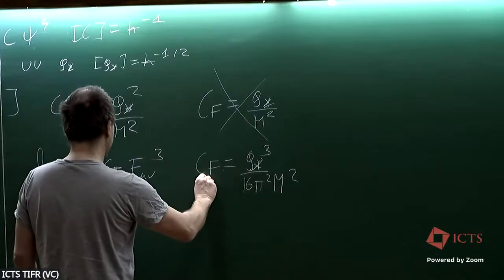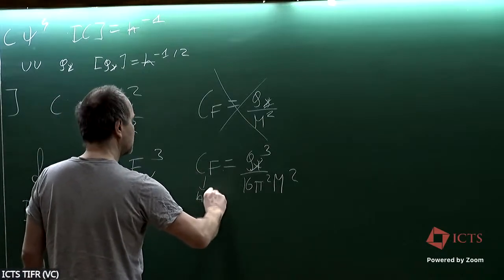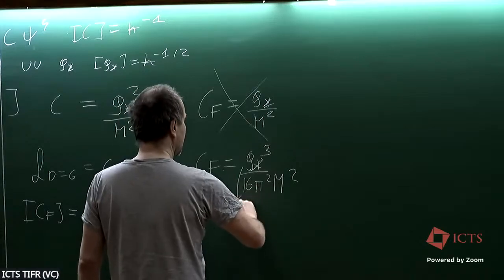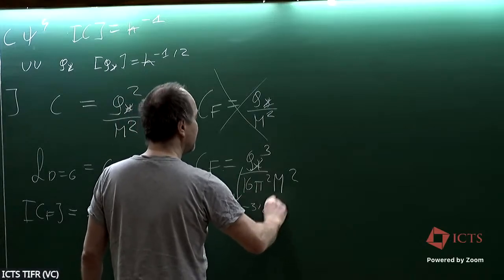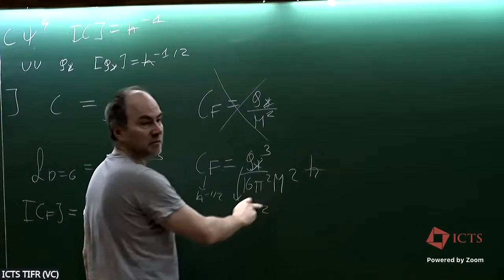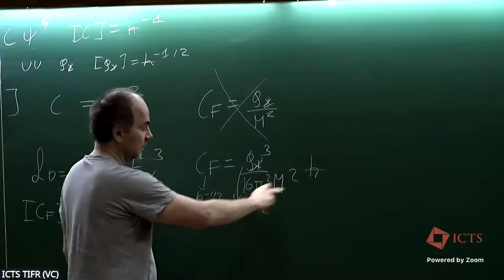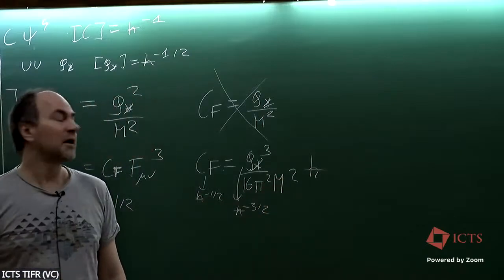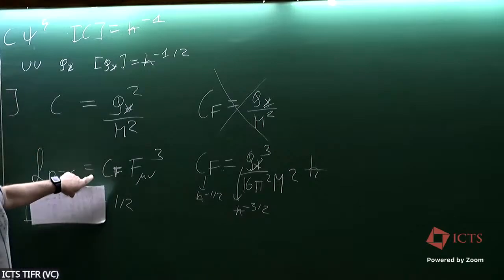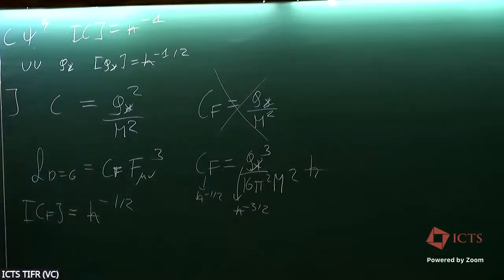Here you have h-bar to the minus 3/2, but then you add h-bar for the loop factor, and it agrees. So this shows that this operator can only be generated at loop level. That's a very simple power counting trick that is useful in many applications.